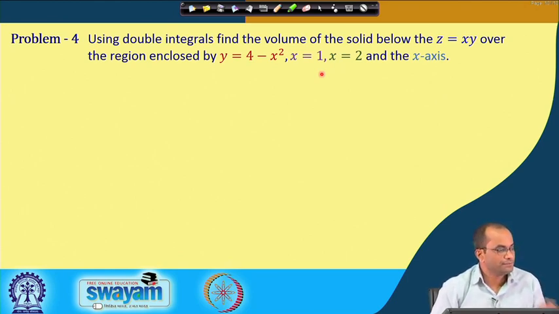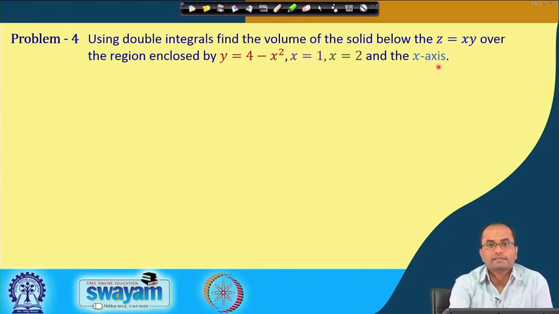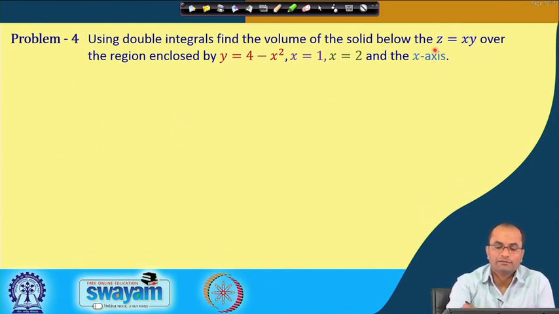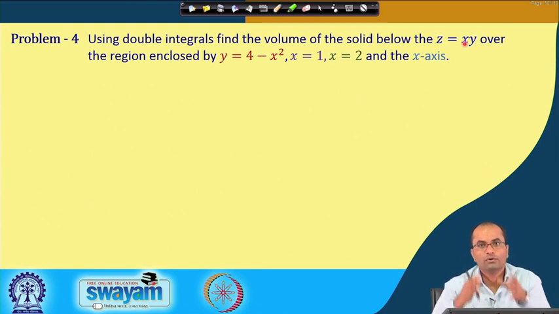So, these are the 3 curves again, and the x axis, the fourth one, is the x axis. So, we have to first see what is the region here in the domain, and then we have the function surface here, z is equal to xy. So, we want to find the volume below this surface and over this enclosed area in the xy plane.